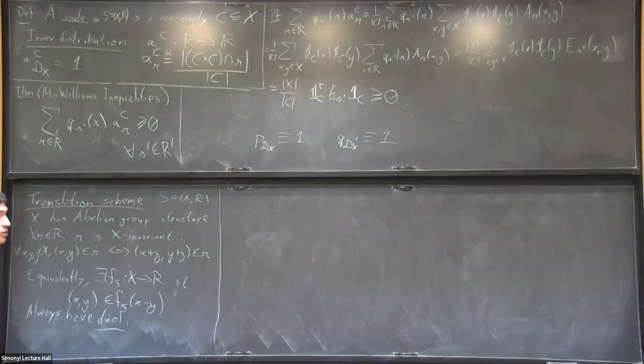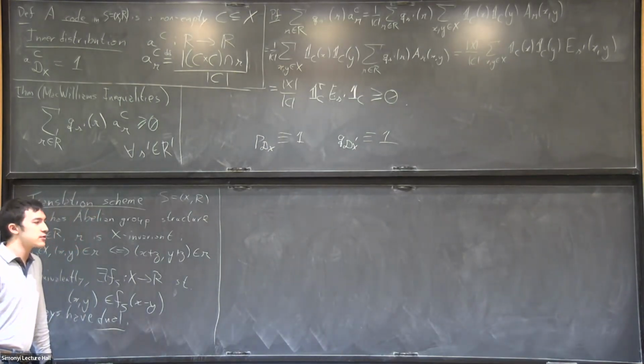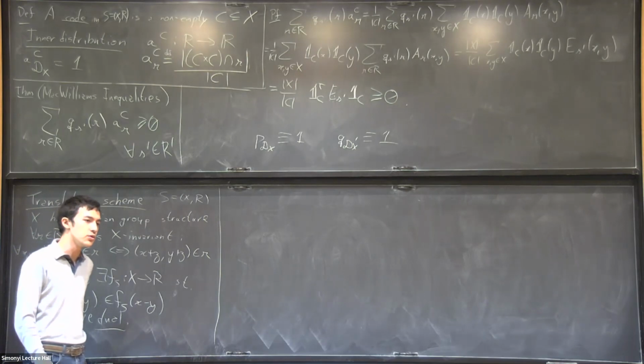But if you just do the multiplication table of an abelian group, you're not necessarily going to get commutative. If the group is abelian, you will get commutative, and if it's a general group, you will not.